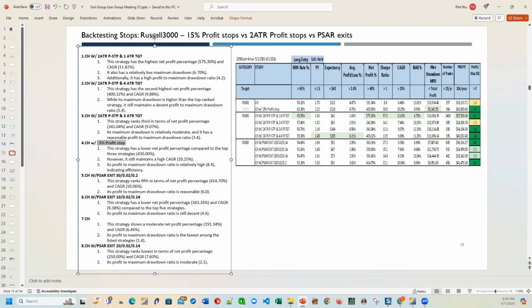So either a profit stop is sort of clean and easier, but then we can also use ATR stops. Those would be tough to automate. You'd have to be changing your stop every day. I don't know how I'd trade that.